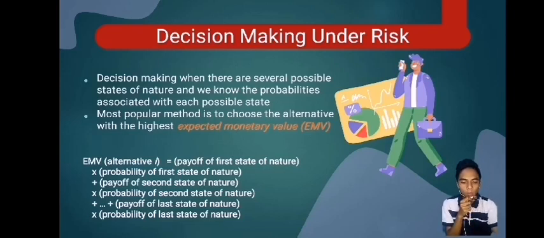The formula of expected monetary value is equal to the payoff of the first state of nature multiplied by the probability of the first state of nature, plus the payoff of the second state of nature times the probability of the second state of nature, and so on.